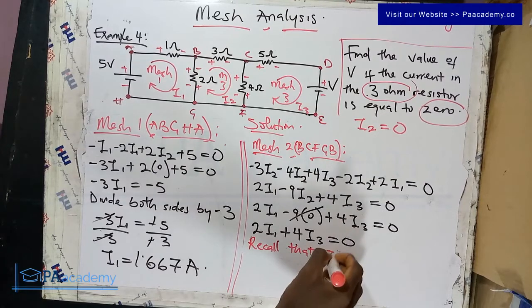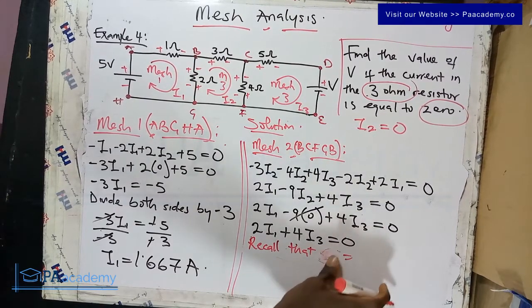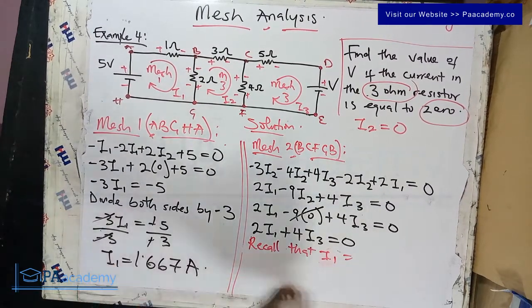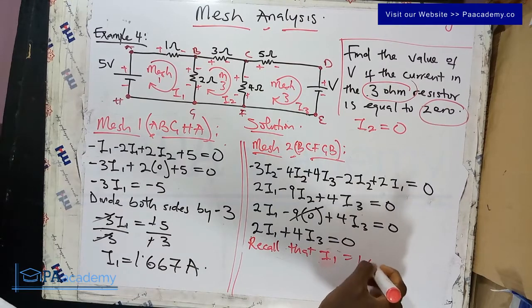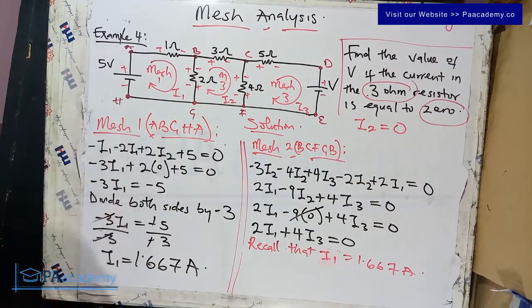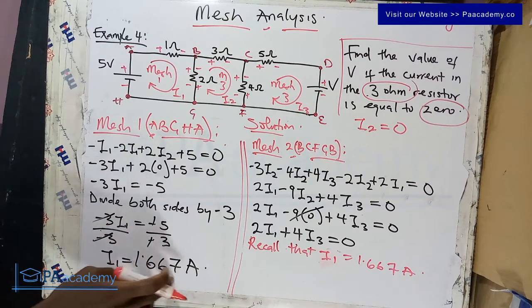So recall that we've gotten our I1 to be 1.667 amperes. Don't forget, after solving mesh 1, we arrived at our I1 is 1.667 amperes.